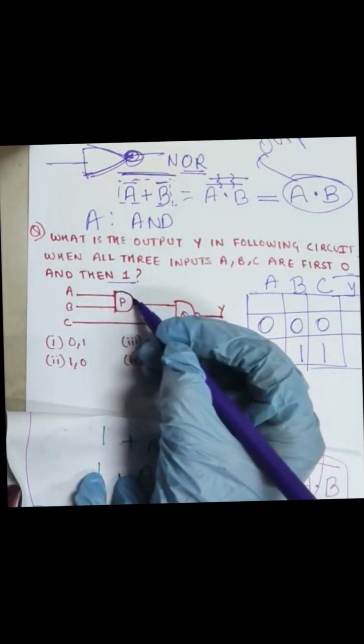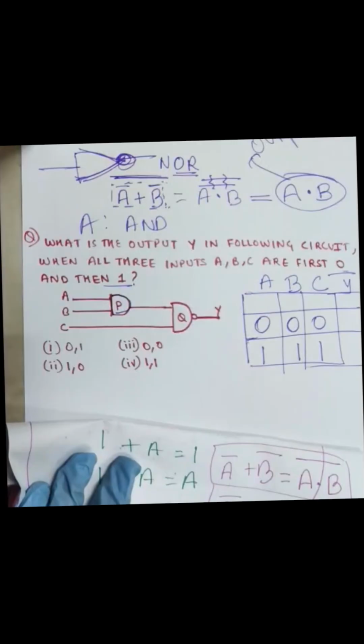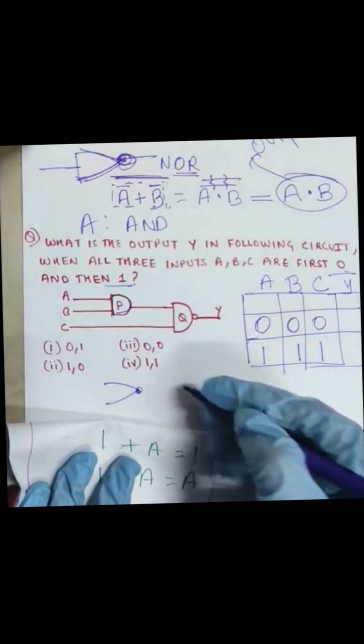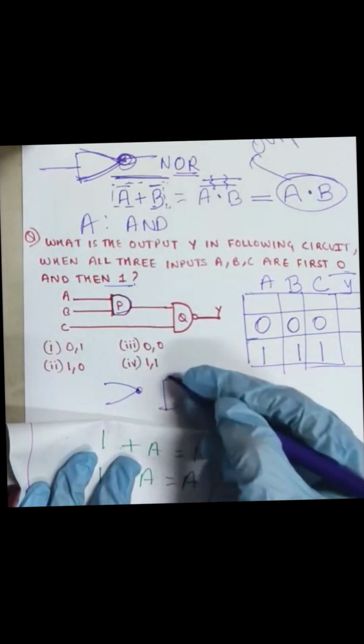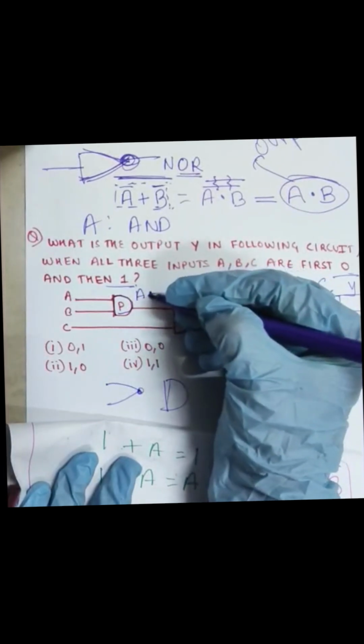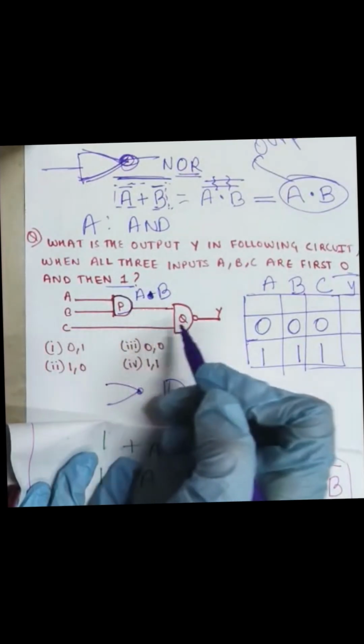Now this gate, it's a curved gate. This looks like an AND gate, right? OR should have a sharp one. This has a curved one, so it's an AND gate. So A dot B, and C is connected separately.